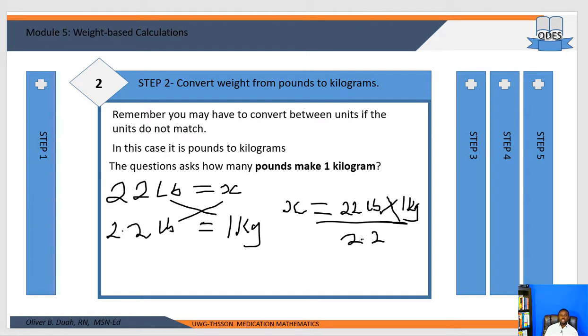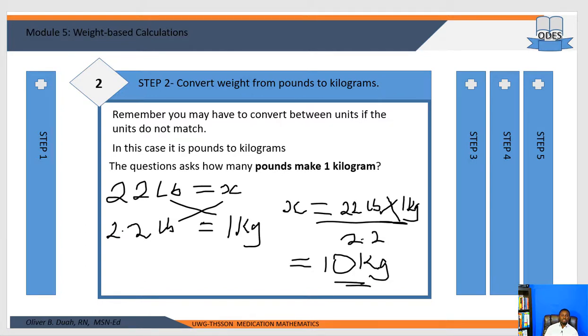So as you can see, 22, 2.2, they kind of look similar by a factor of 10. And so this is going to give us 10 kilograms.